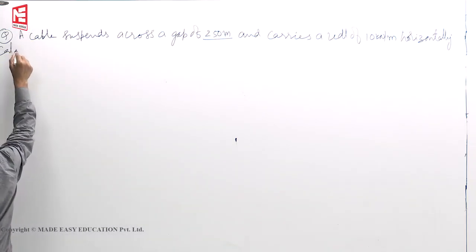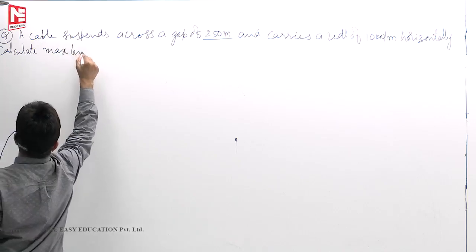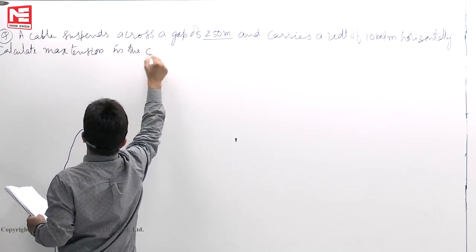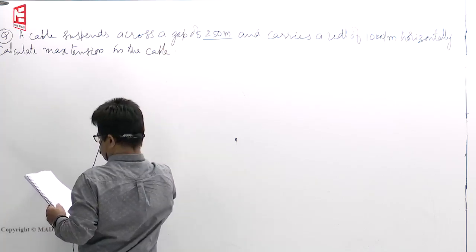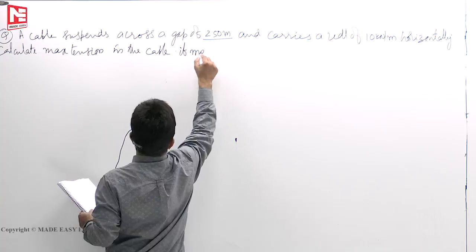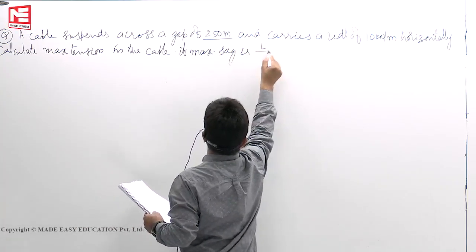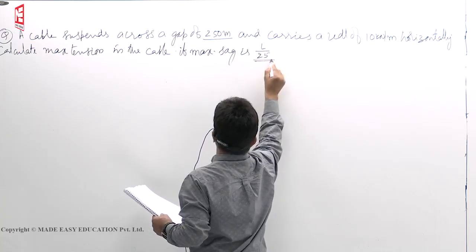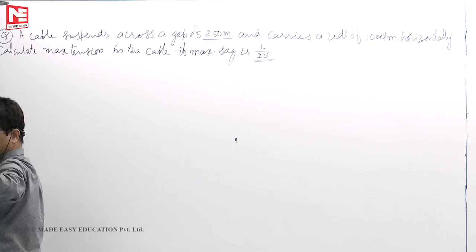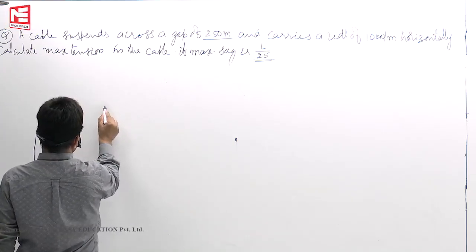Calculate maximum tension in the cable, if maximum sag is L by 25. So, based on the description, first we have to draw the diagram.